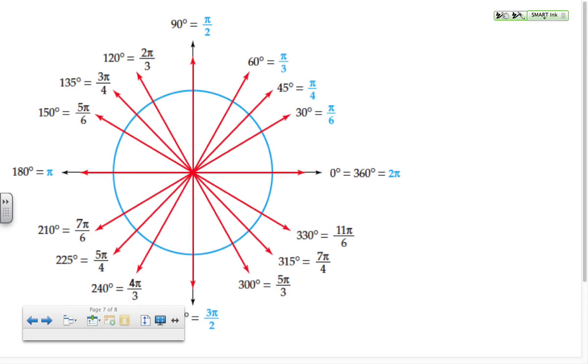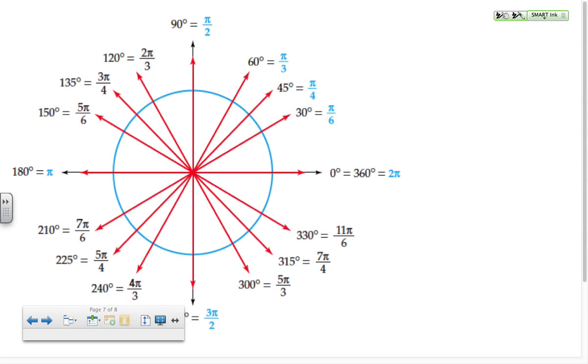What I really want to know is what's that angle, not the whole thing. There are ways to figure this out. Most of the time, when we do bigger angles, we're going around in multiple circles. So what we want to do is add or subtract 2 pi. 2 pi is 360 degrees, to get to the radian measures that we want.